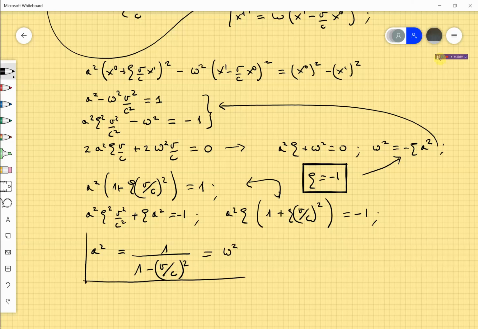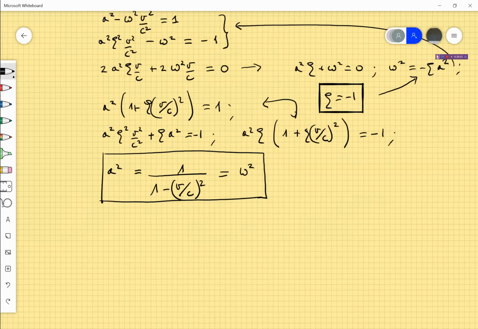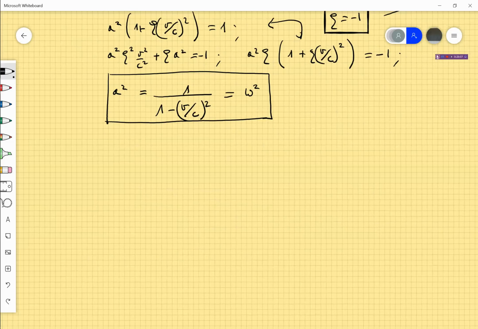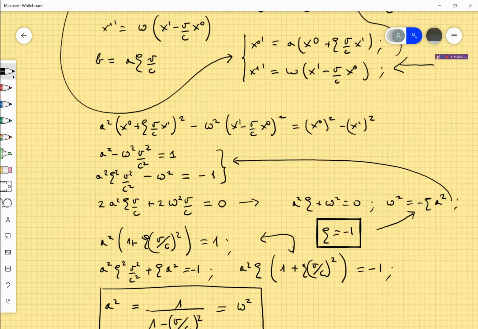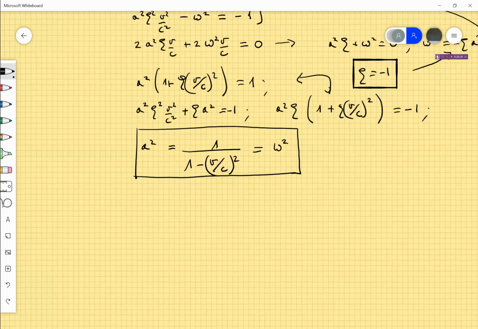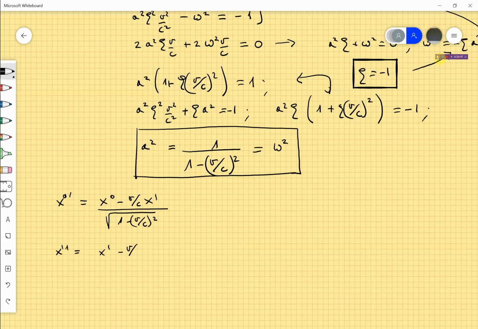So these are the two relations, and if you take square roots and re-express this formula in terms of the values we have found for A, omega, and Z, you find that the transformations read x0 prime is equal to x0 minus V divided by C x1, divided by the square root of 1 minus V divided by C squared, and x1 prime is equal to x1 minus V divided by C x0, divided by the square root of 1 minus V divided by C squared.